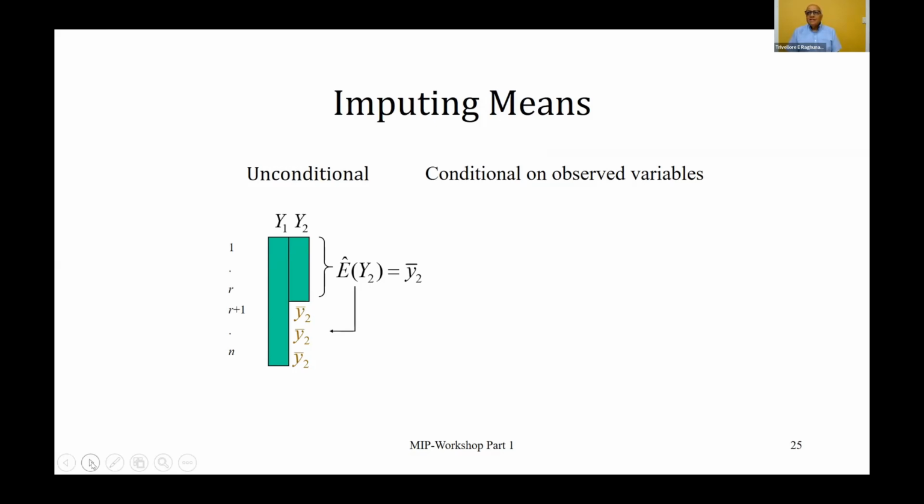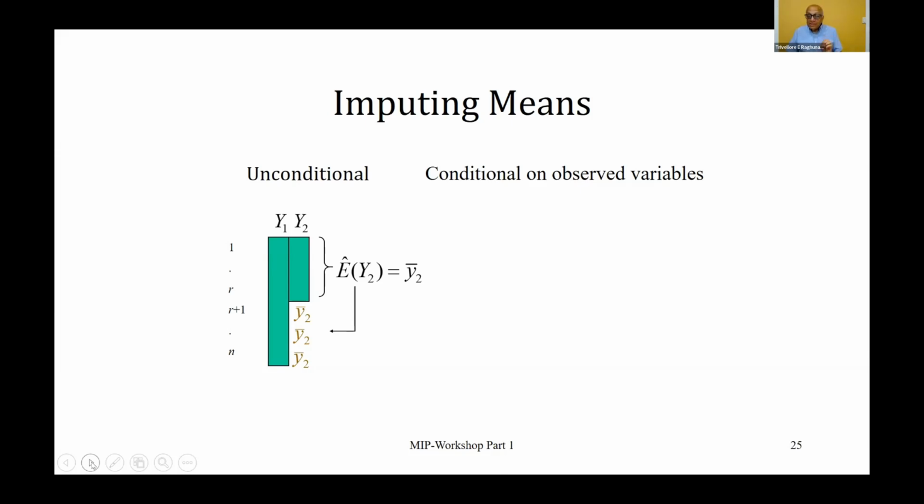If you look at this as a plausible data set, all the imputed values are sitting on that horizontal line, y bar 2. It's not a plausible data set from the population, because a plausible data set should have scatter around y1 and y2. Therefore, unconditional mean imputation is not a plausible data set.